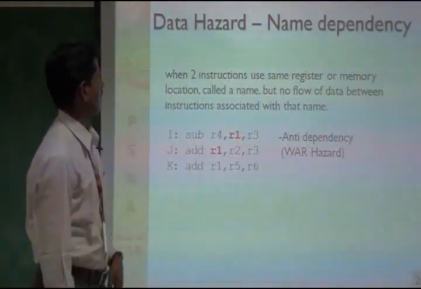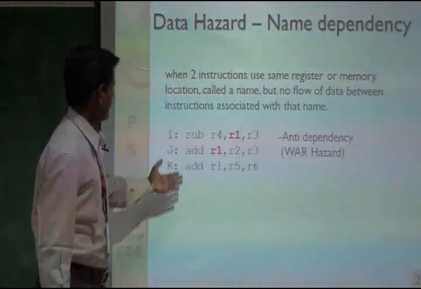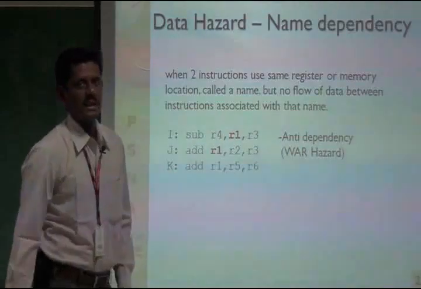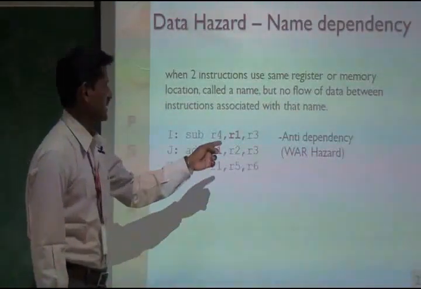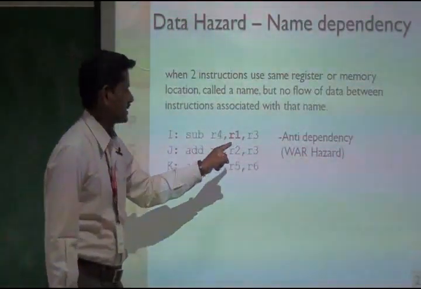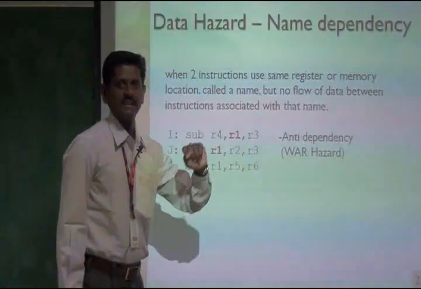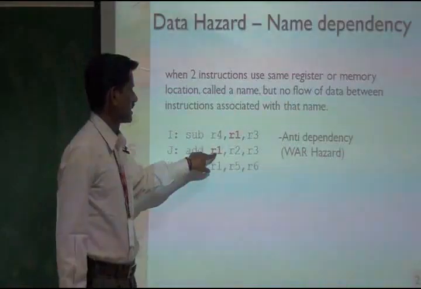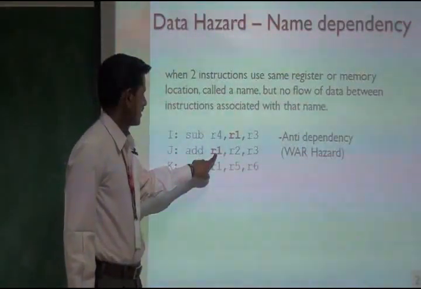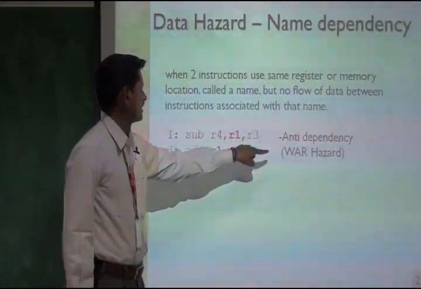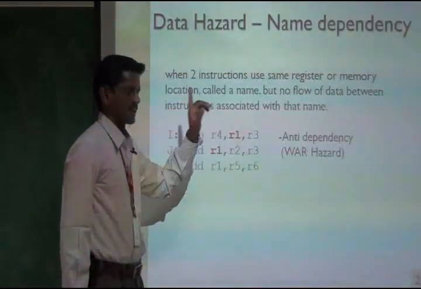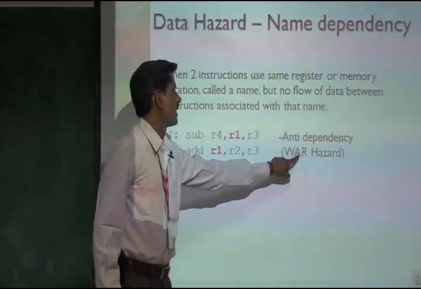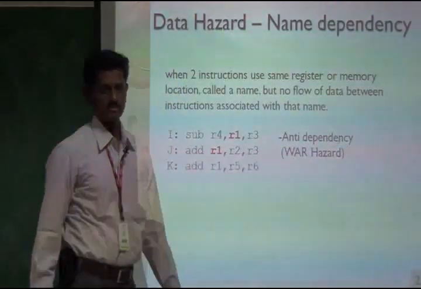So this hazard is called name dependency, and the type is called anti dependency, otherwise called WAR hazard, write after read. J can write the content to R1 only after I reads the content. That's why it's called WAR: write only after the read.